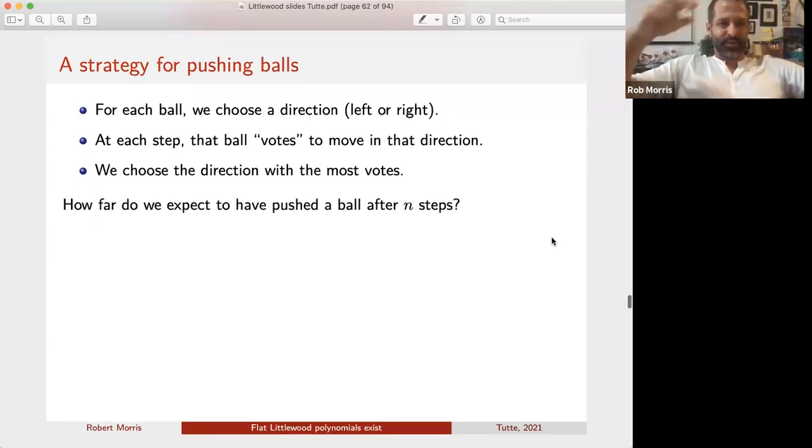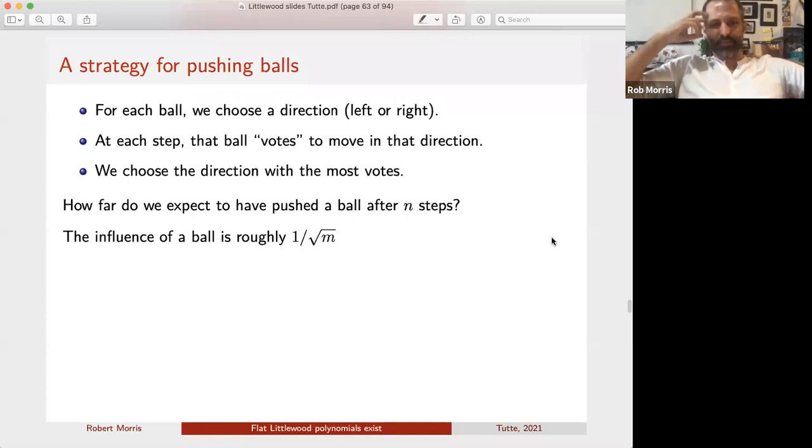Okay. So how far should we have pushed each ball after n steps? Well, the influence of a ball in this voting system is about 1 over root m, right? That's the chance of its vote being pivotal. So about 1 over root m proportion of the time, a ball will get to go its own way, and the rest of the time randomly.